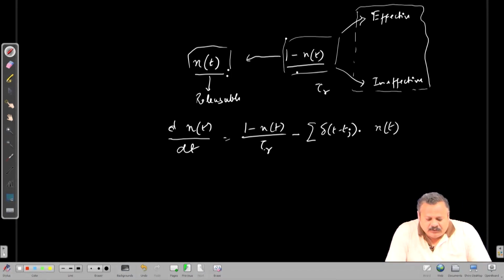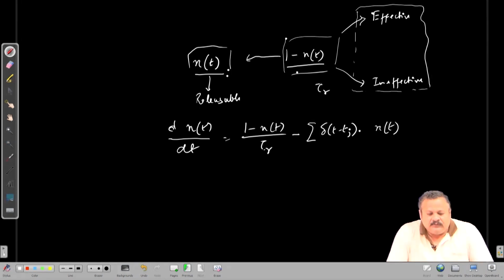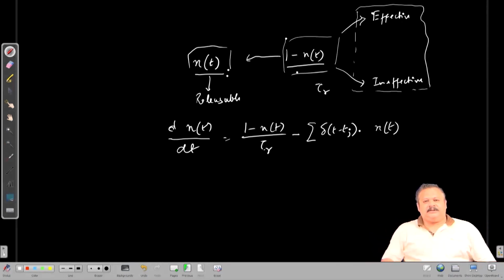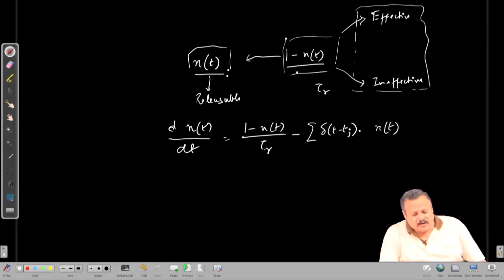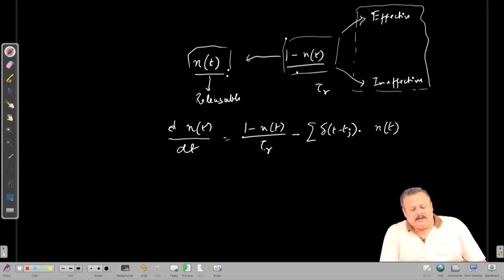So, this also will be showing depression if we make tau r large. But in order to bring in the facilitation aspect, as we have discussed, one of the important hypotheses is the build up of calcium, and there are lots of experiments in support of build up of calcium leading to facilitation.